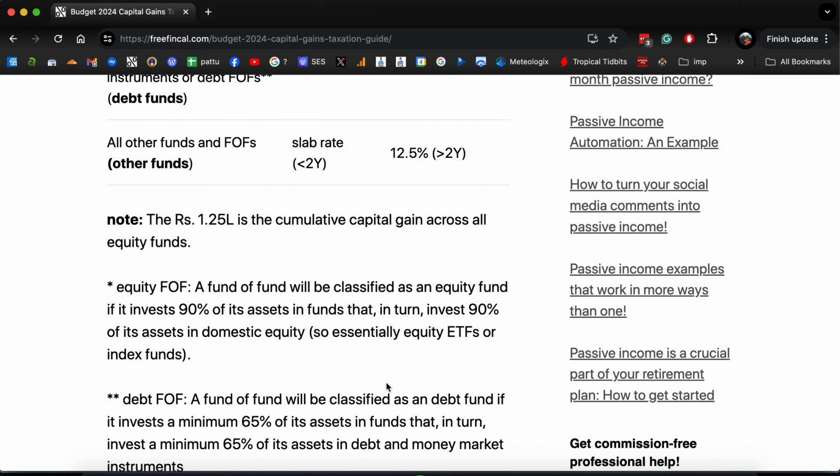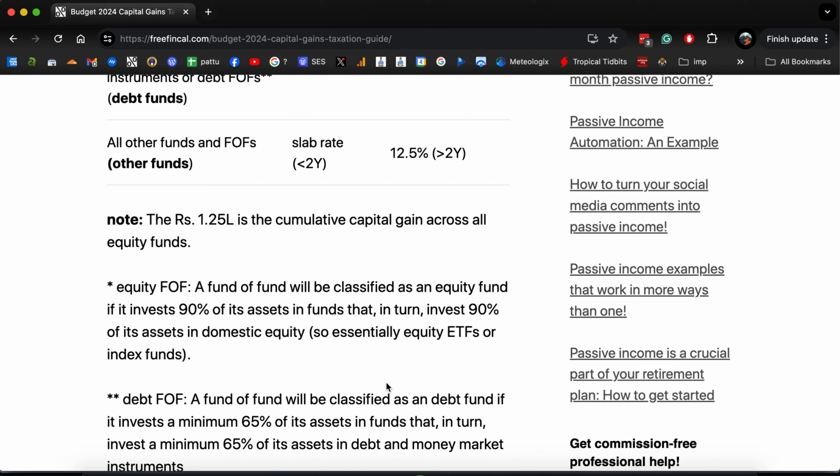An equity fund of fund is one that invests 90% of its assets in funds that invest 90% in domestic equity. So let's say there's a fund of fund, and that fund of fund's portfolio has 90% of it in funds that invest in 90% equity.